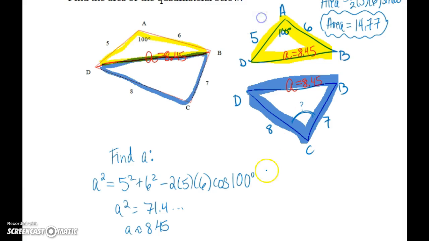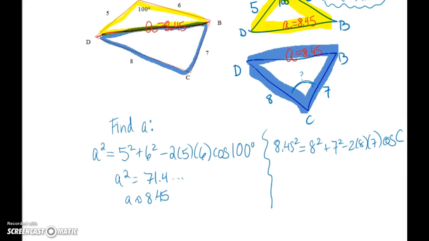Now we can use the information in the blue triangle to find angle C. So little a is across from angle C, so we'll start out with a squared equals the other two sides squared, so 8 squared plus 7 squared minus 2 times 8 times 7 times the cosine of angle C. Alright, let's square 8.45.